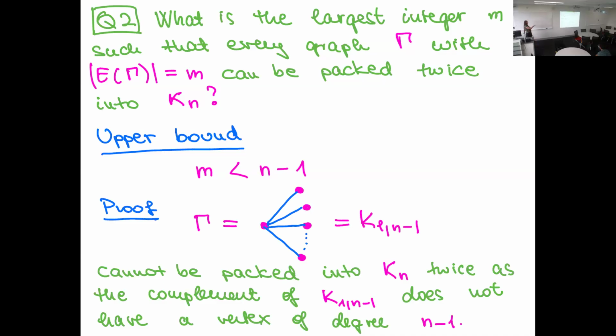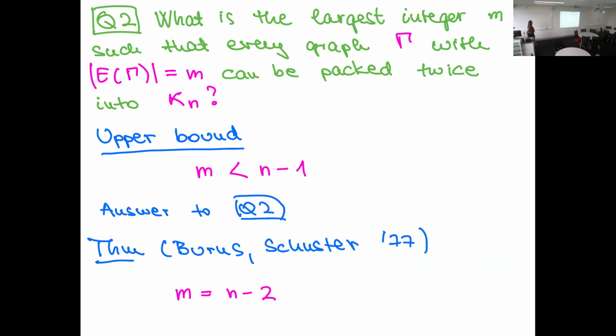And then we cannot pack it twice into Kn, because in the complement, every single vertex will have n minus 2 edges coming out of it, and we need n minus 1. So we clearly see that for that, we cannot pack it twice, but maybe everything that has fewer edges than this one can be packed, and that's actually the answer.